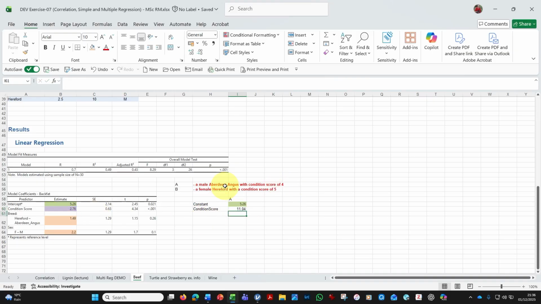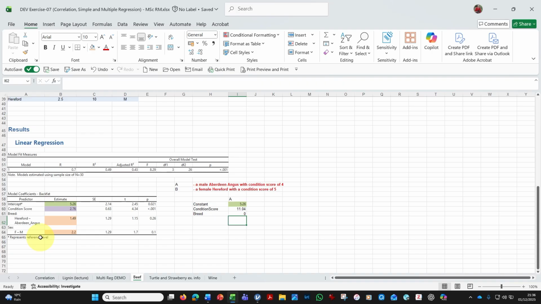Now this is an Aberdeen Angus, and that's our reference category here. So that's already there. So here for breed, it's already in the constant, so that gets a value of 0. And here I'm asking for a male. Well, here in this model, I haven't changed it around, remember, the male is in the intercept.